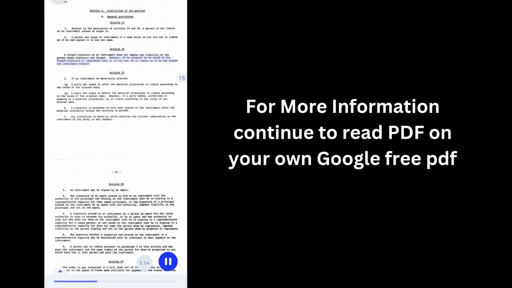However, if he consents to be bound by the forged signature or represents that it is his own, he is liable as if he had signed the instrument himself. Article 35. 1. If an instrument is materially altered, a party who signs it after the material alteration is liable according to the terms of the altered text. A party who signs it before the material alteration is liable according to the terms of the original text.